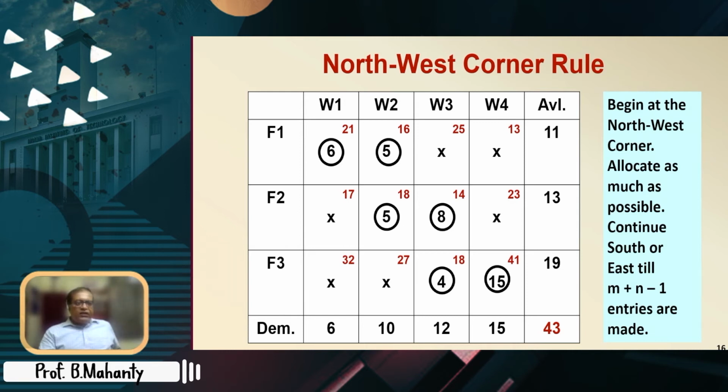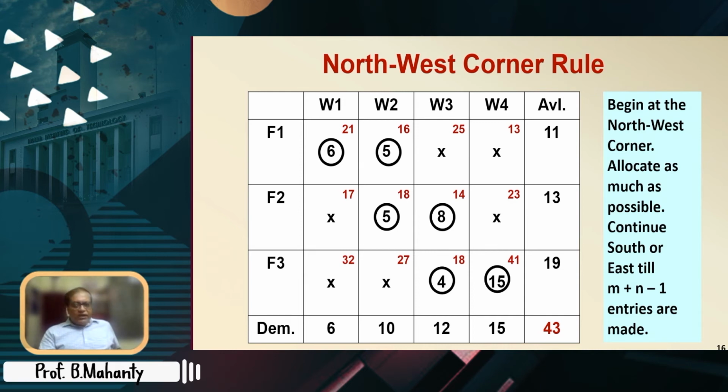The total demand was 6, so that is exhausted. Therefore from that 6 we have to go in the other direction, and there the maximum possible entry is 5, because this side total is 10. So we make an entry of 5 there.